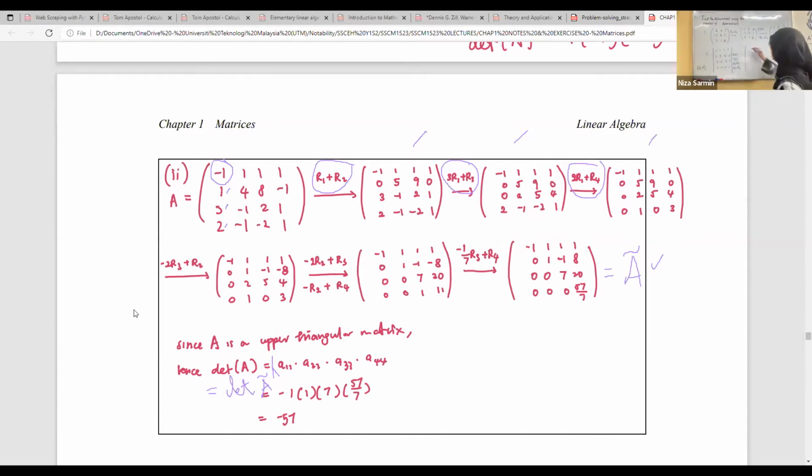Yeah. So you just do this, then you add, then you multiply by 3 and add. Right. Multiply by 2 and add.